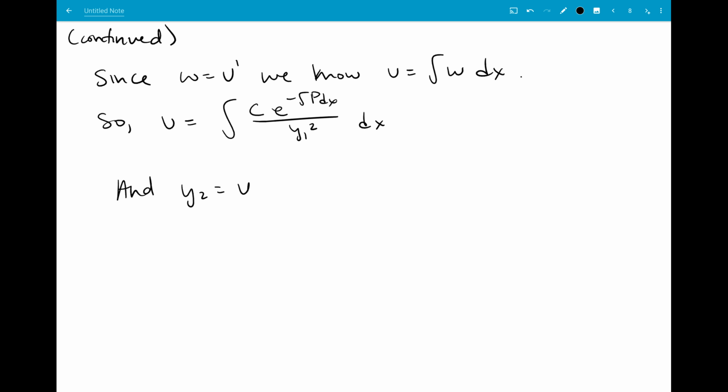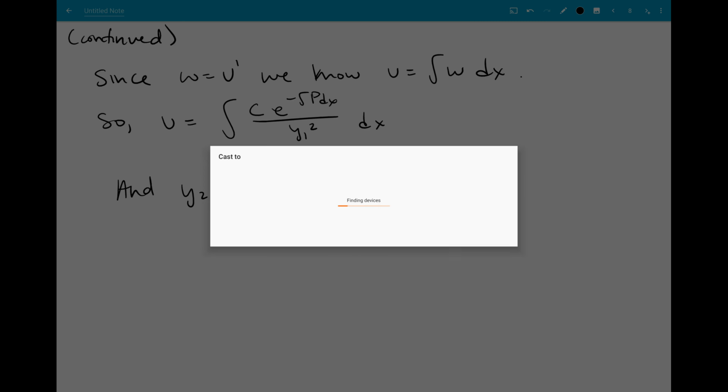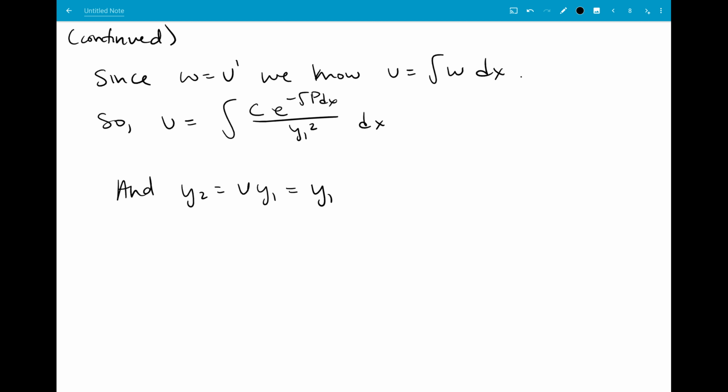But y2 was equal to u times y1, so that's just going to be y1 times the integral of c e to the minus integral p dx over y1 squared dx.